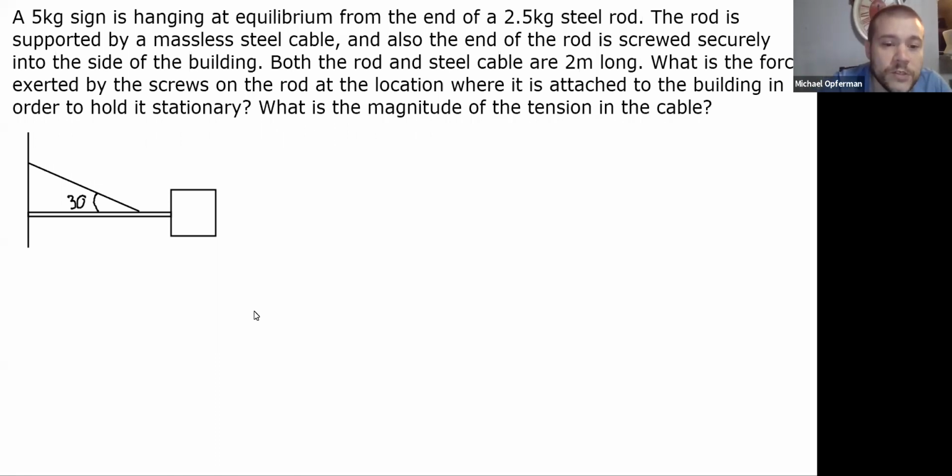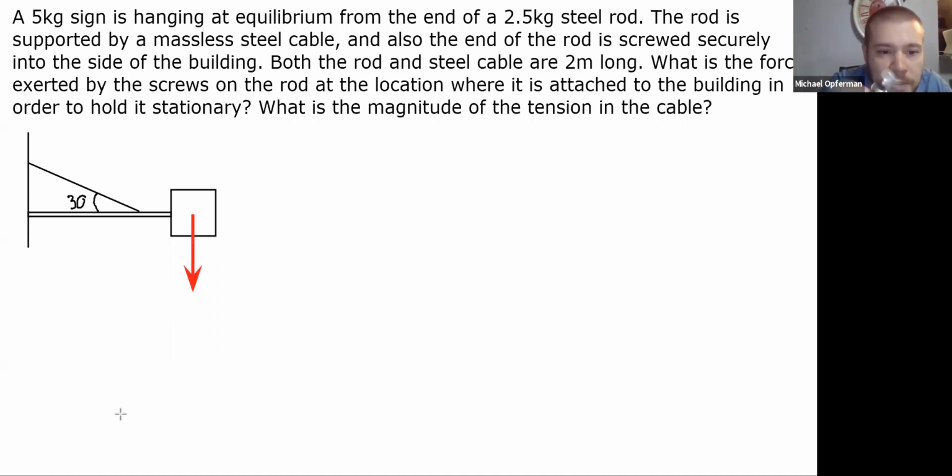So first off, you start with a free body diagram. So we need to start analyzing what are the different forces to include here. So we want a free body diagram of the rod and sign part of the system. So we are going to have here the weight of the sign itself.